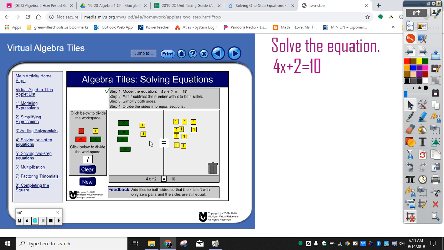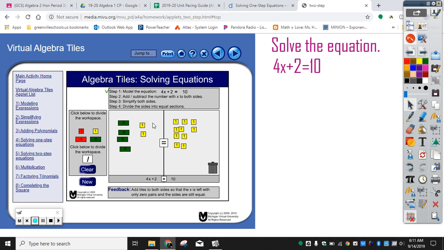So the first thing I'm going to do is work with my units, my 2 positive 1's over here with the x's. I want to isolate the x, so I need to get rid of those positive 1's. And what we've learned with algebra tiles is the way you do that is you use the opposite, so a positive 1 and a negative 1, those are opposite, and you combine those together so that they combine to 0 and eliminate.